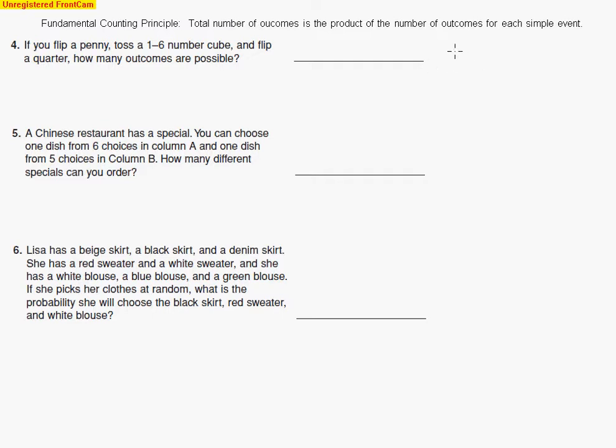Here, if you flip a penny and toss a number cube and then flip a quarter, how many outcomes are there? So again, you've got the quarter, and then the penny, and then the number cube, or the die.